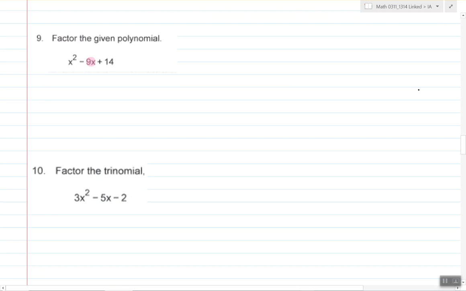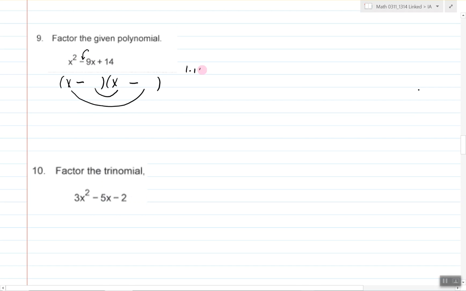Number 9. Factor. Don't see a GCF, so go ahead with your trial and error because it is a 1, 2, 3 termed polynomial. Last sign is positive. That means plus, plus, or minus, minus. So in this case, it's plus, whoops, so sorry. It's minus, minus because of that negative sign right there. So I need x times x gives me x squared. Now I'm looking for factors of 14.